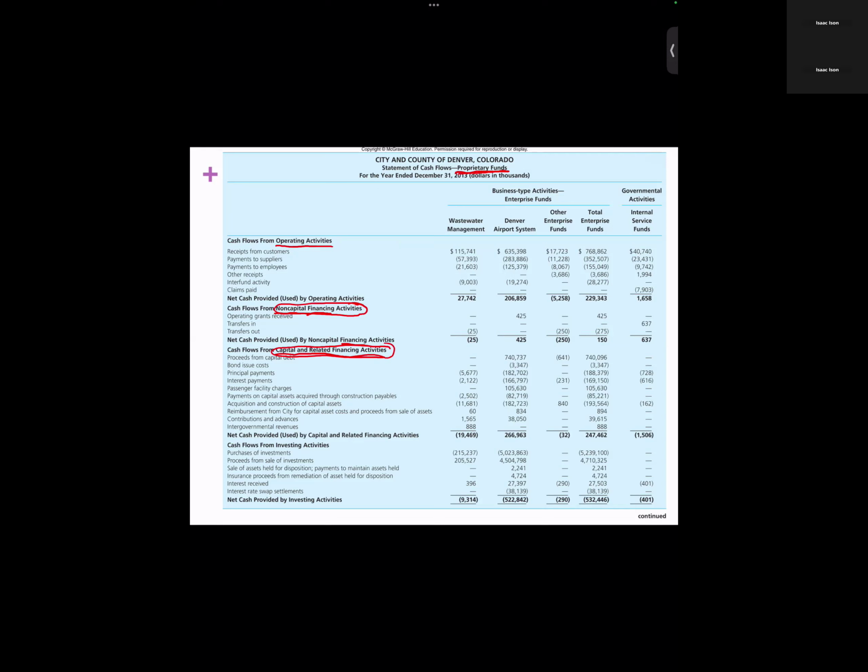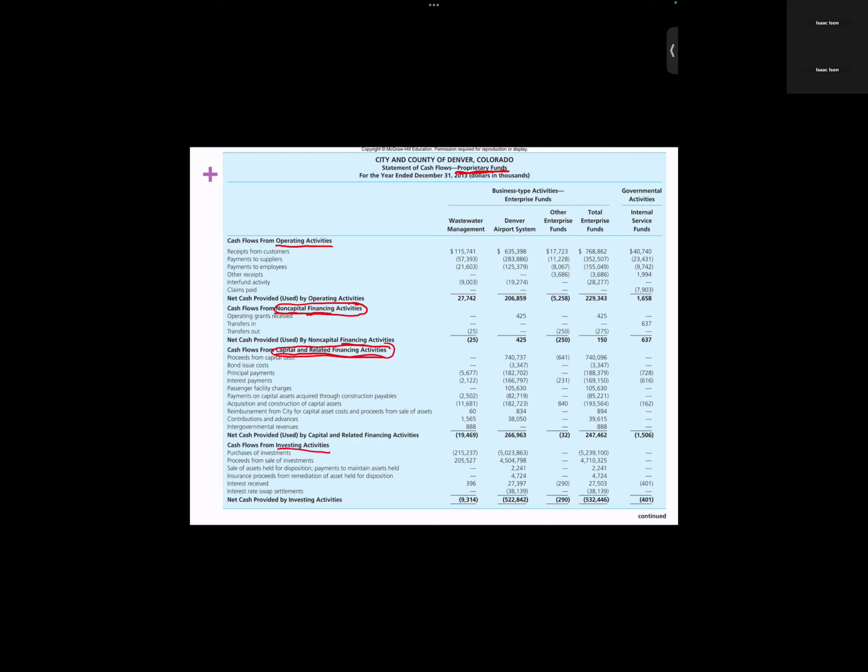But if we're financing activities to pay payroll, that's non-capital. And that would be bad, right? That would be violating interperiod equity because that money is being used right now, but the benefit isn't going to extend out multiple generations. And then lastly, we have investing activities.